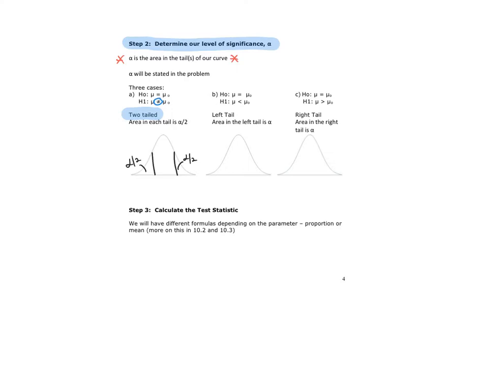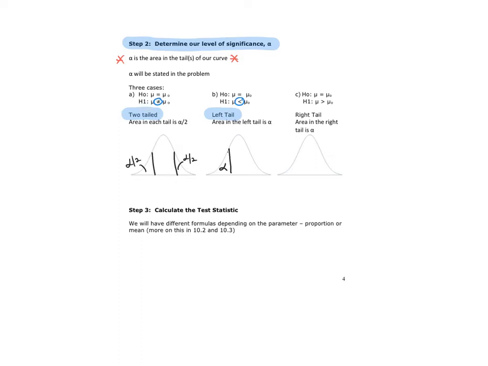A left-tailed test has a less than inequality in our alternative hypothesis. Now we're just looking at the tail on the left, and the area in that left tail is alpha. It's not divided because we only have one tail.